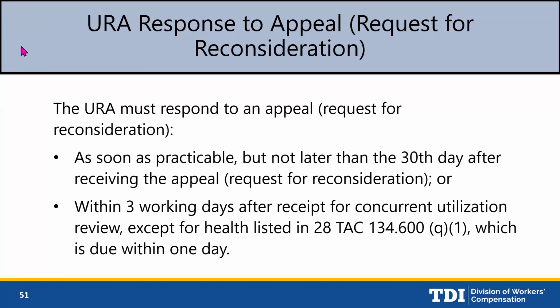So those of you out there in the hospital setting, or maybe in a physical therapy setting where a person got the initial pre-auth for the initial services, but the pre-auth has ended, you need to ask for concurrent review. They have to respond within 3 working days if you're appealing that adverse determination during a concurrent utilization review request. You can find all of that in 134.600 Q1.